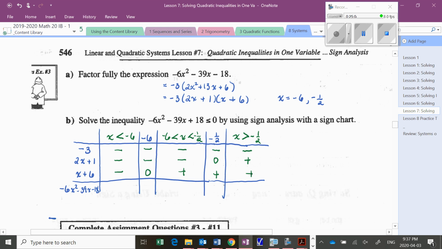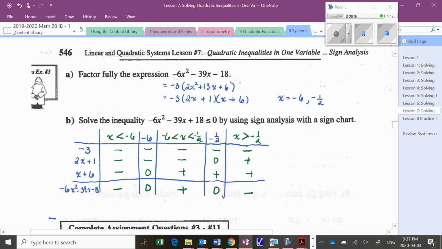So now that we've got our sign chart figured out, negative times negative times negative will give us a negative product. Negative times 0 is obviously 0. Negative times positive is a positive. Negative times 0 times a positive, well, that's still 0. And negative times positive will give me a negative.